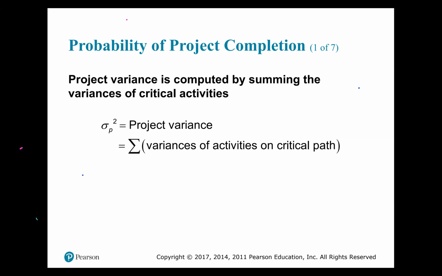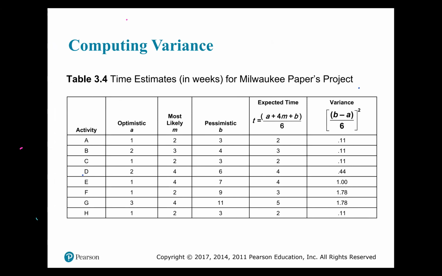The P simply means project. So the variance of the project, see it's written down below, is the sum of the variance of the activities on the critical path.